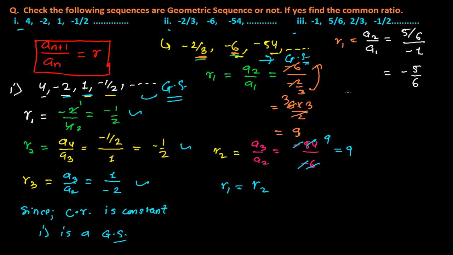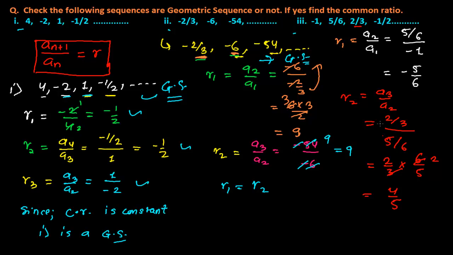Now let me take out my second common ratio, the third term over the second term. My third term is 2 over 3, divided by 5 over 6. So it will be 2 over 3 times 6 over 5. 3 times 2 is 6, so 2 times 2 is 4 over 5.